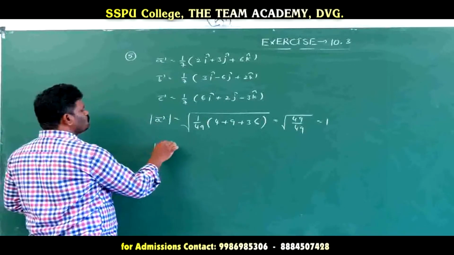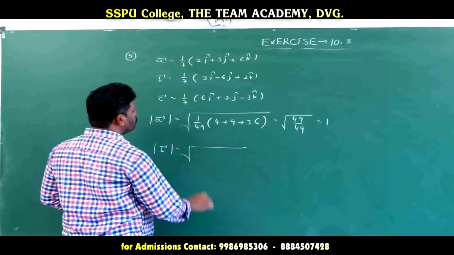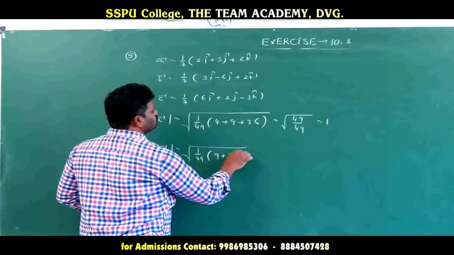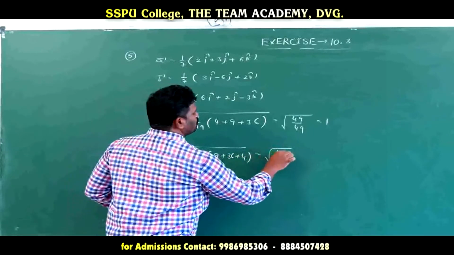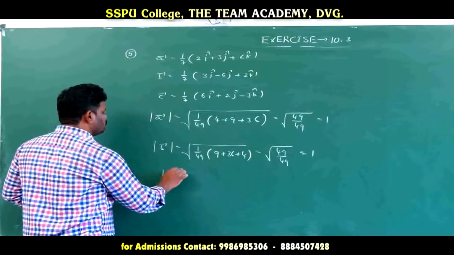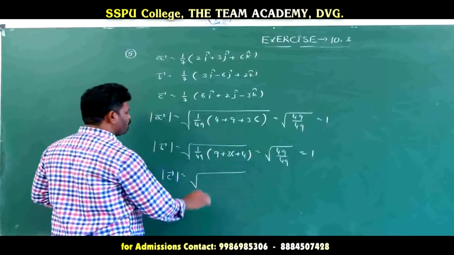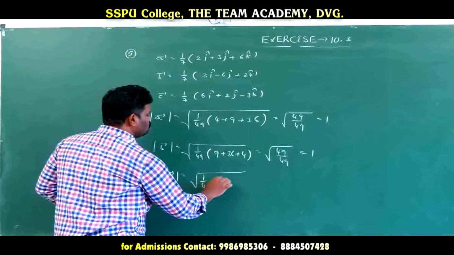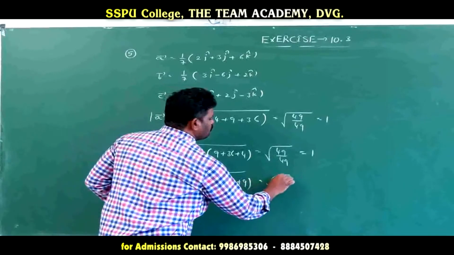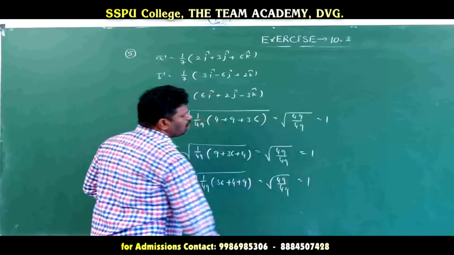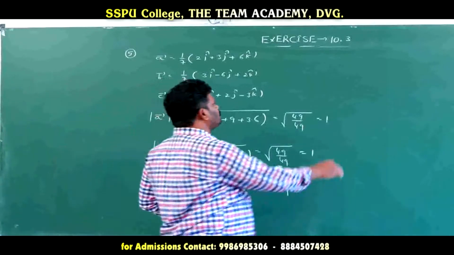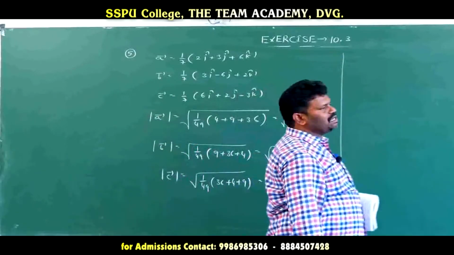Again, the magnitude of b bar is the square root of 1 by 49 into 9 plus 36 plus 4, again 49 by 49, which is 1. The magnitude of c bar is the square root of 1 by 49 into 36 plus 4 plus 9, again the square root of 49 by 49, equal to 1. So these three are unit vectors. Now we prove that these three vectors are mutually perpendicular.